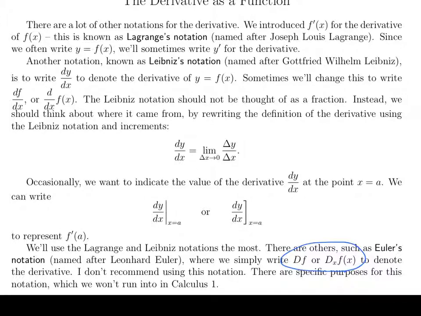The time when they come up is when you study differential equations and you think of the derivative as an operator, and you can use the d as an algebraic notation, which will help you a lot in solving differential equations. We're only going to be doing some very basic differential equations in this class, so we're not going to worry about that.